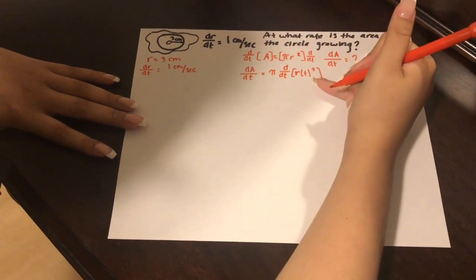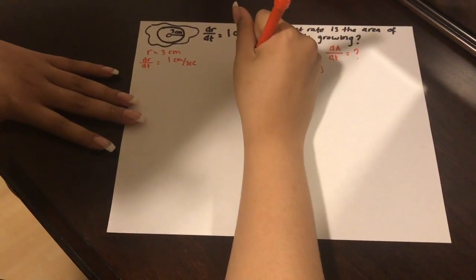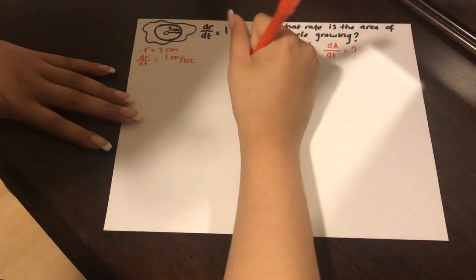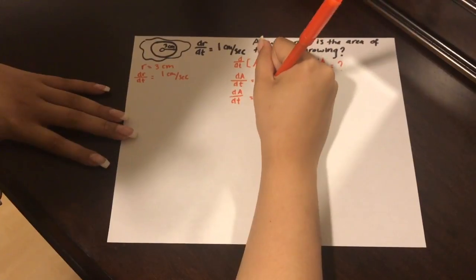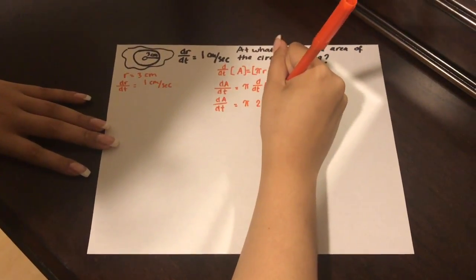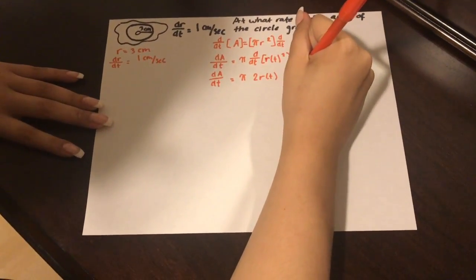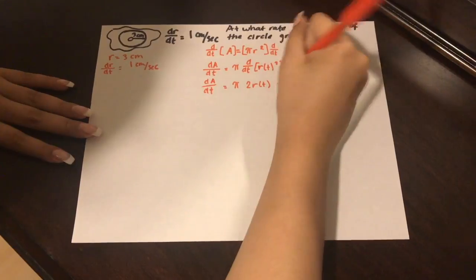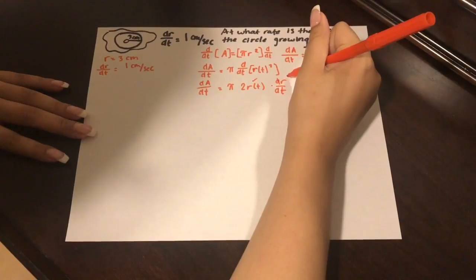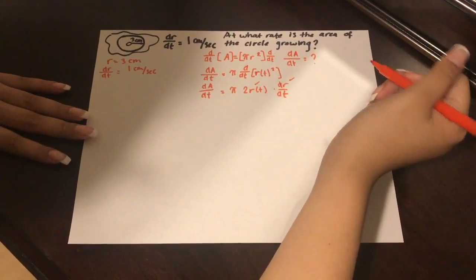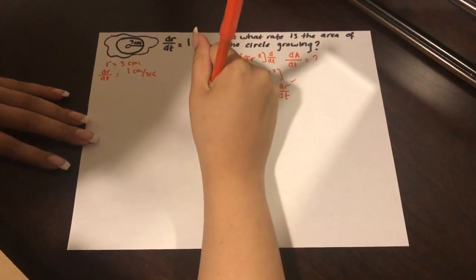Now to solve for this part of the equation, all we have to do is use the chain rule. So the rate at which the area of the circle is growing would be equal to pi times 2r times dr over dt. And so now all we simply do is plug in what we know. We know what r equals, and we know what dr over dt equals, which is the rate at which the circle is growing. So all we do now is simply plug in.